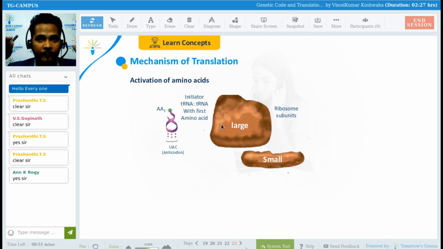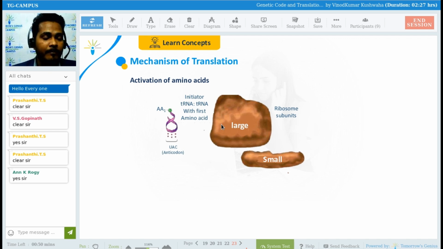In a factory there are various processes: first checking the material for good or bad quality, then designing, then coloring, all in a proper sequence. Translation also has a proper sequence, meaning which tool binds first, then what reaction comes, then the next binding, and so on.